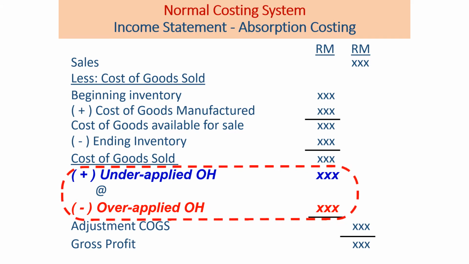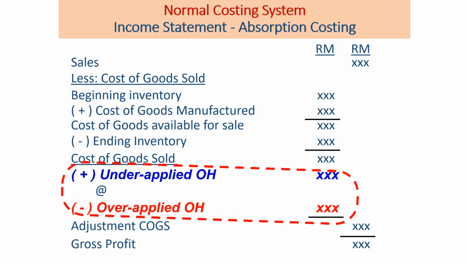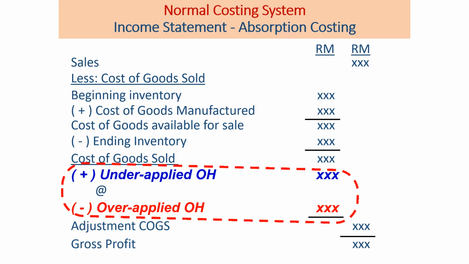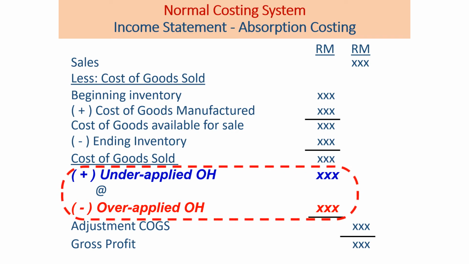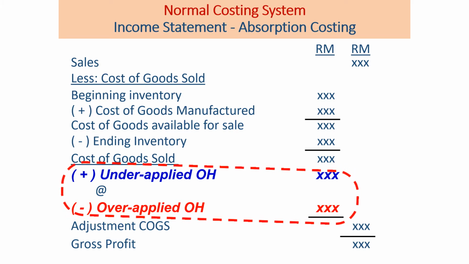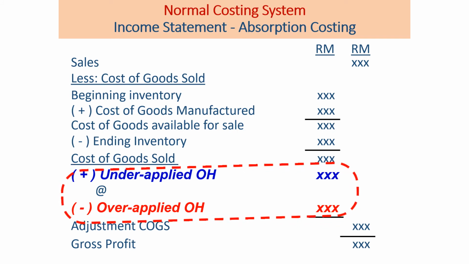So here you can see that under the normal costing system you have either under applied overhead or over applied overhead. If you have under applied overhead, you have to add it to the cost of goods sold, and if you have over applied overhead, you have to deduct it from the cost of goods sold.